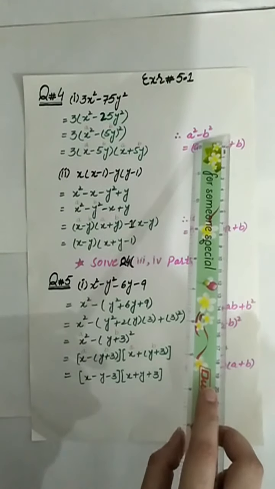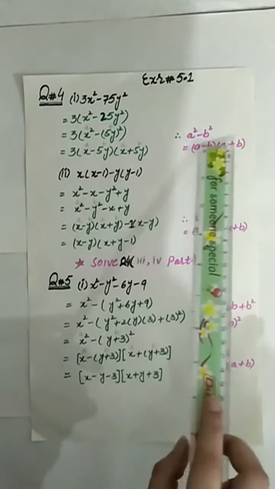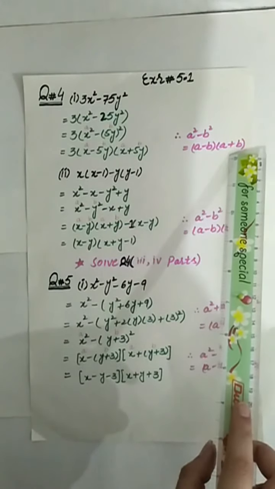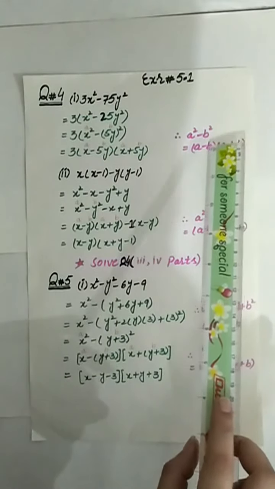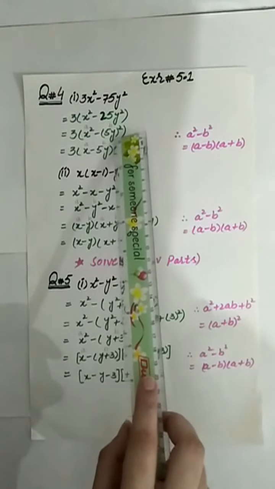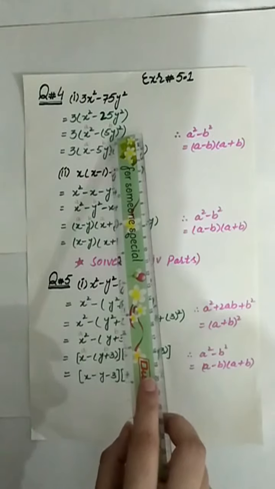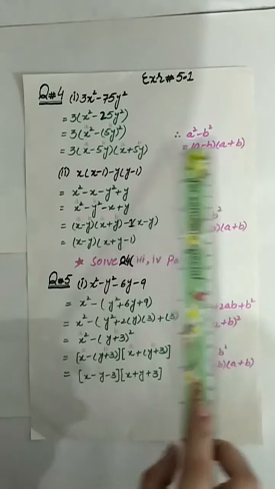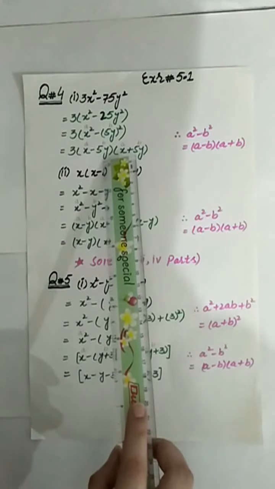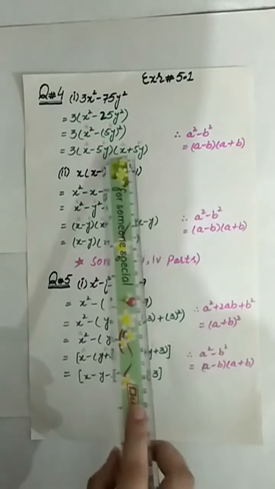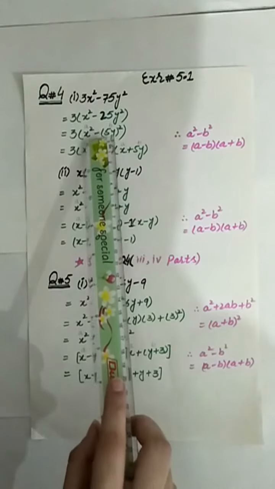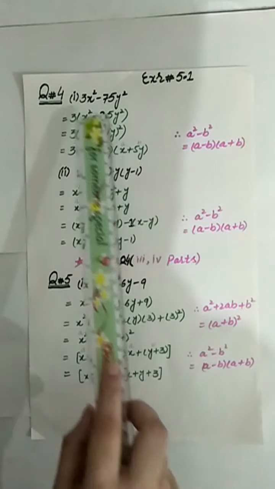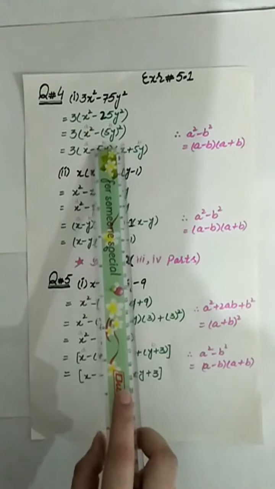So by using this formula a square minus b square, which is equal to a minus b into a plus b, we will write a square minus b square mean x square minus 5y whole square as a minus b according to this x minus 5y and a plus b according to this, mean x plus 5y. This is the final answer of the first part of question number 4.